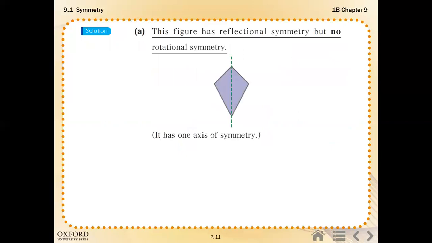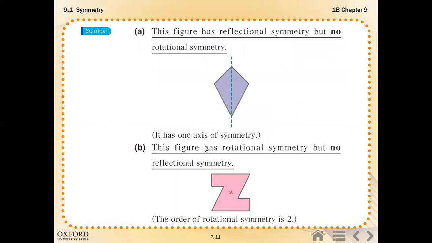The answer: figure A has reflectional symmetry only, with no rotational symmetry. And this dotted line is the axis of symmetry. Figure B has rotational symmetry only. You can only rotate it, turn it around its center, and the order is 2.